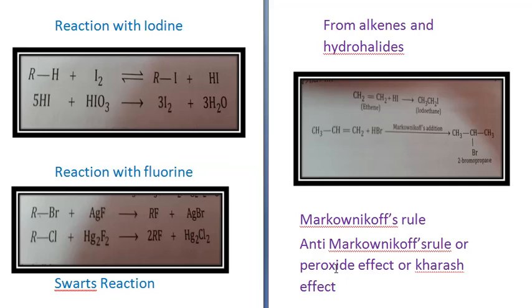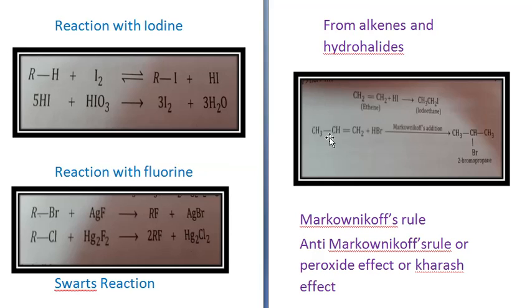Like in the same reaction above, CH3CH=CH2 propene, when HBr is being added, and suppose an organic peroxide, ROOR, is present, in that case the product that will be formed will be CH3CH2CH2Br. That means the bromine will be added to the first carbon and hydrogen will be added to the second carbon.